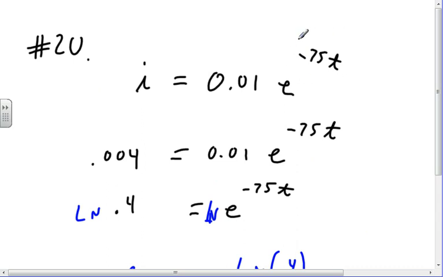All right, now, what is this 75? This 75 is the time constant, RC, the resistance and the capacitance, right? We are looking for a time when 0.01 would be all of it, 0.004.